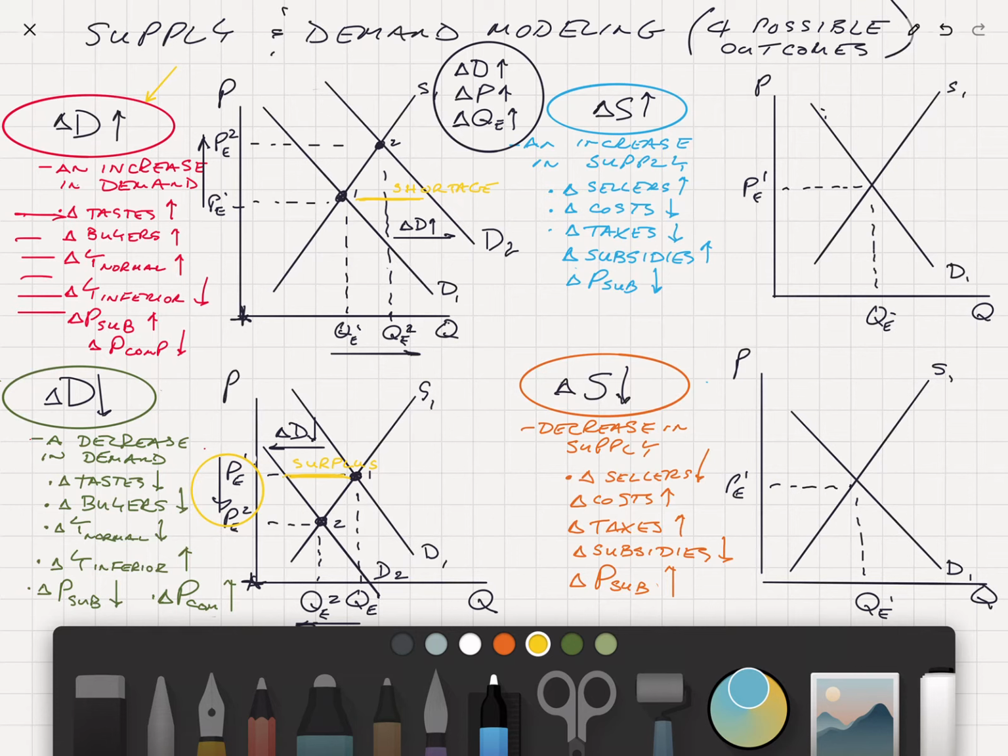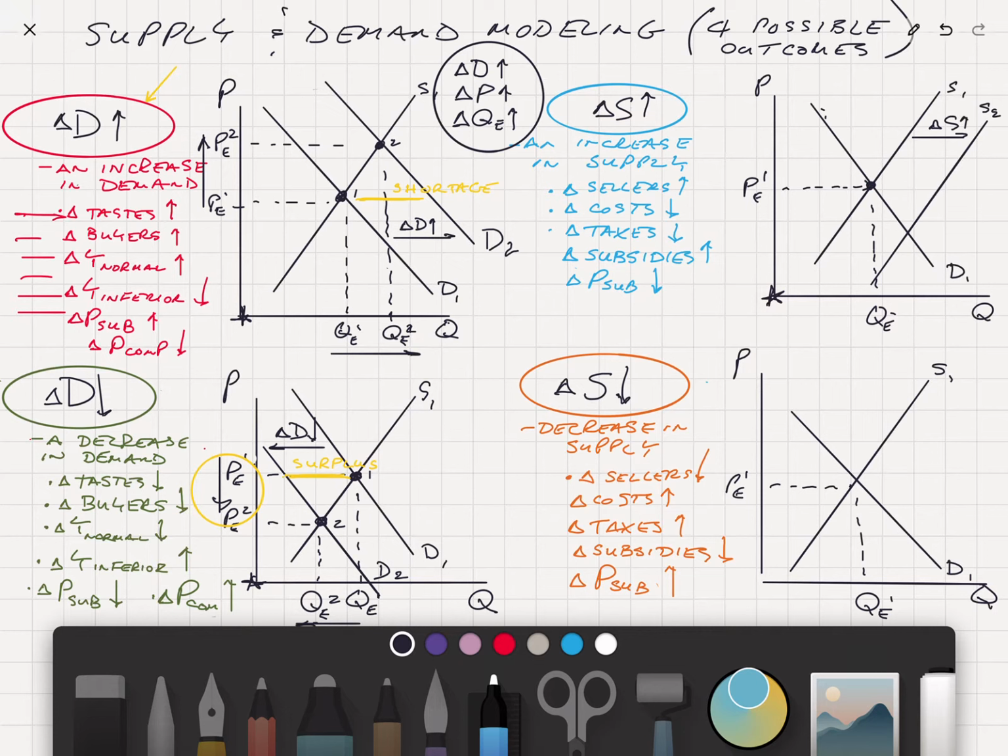Now on to the right hand side of our screen here. Let's look at an increase in supply. Which way is the supply curve going to shift? Be careful. Use this as your frame of reference. The supply curve will shift out and away, or to the right, and it will go like this, and this will be an increase in supply.